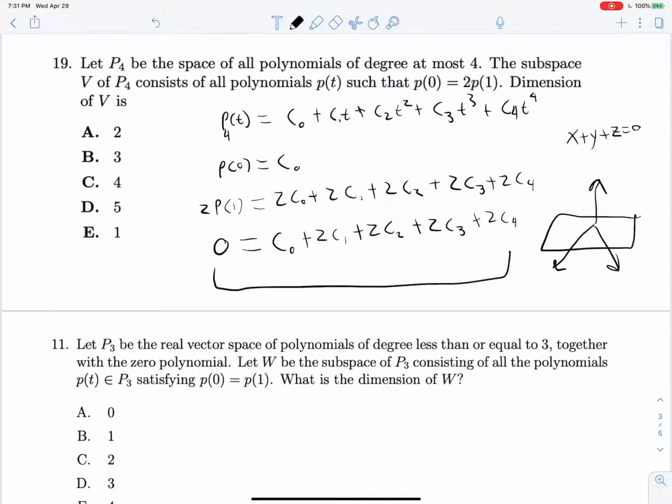What will happen when we have 1, 2, 3, 4, 5 variables here? Well, just like how this 3-variable equation gave us a 2-dimensional plane, so we have 2 degrees of freedom in that plane, a 5-variable equation will give us a dimension of 4, and that's it.